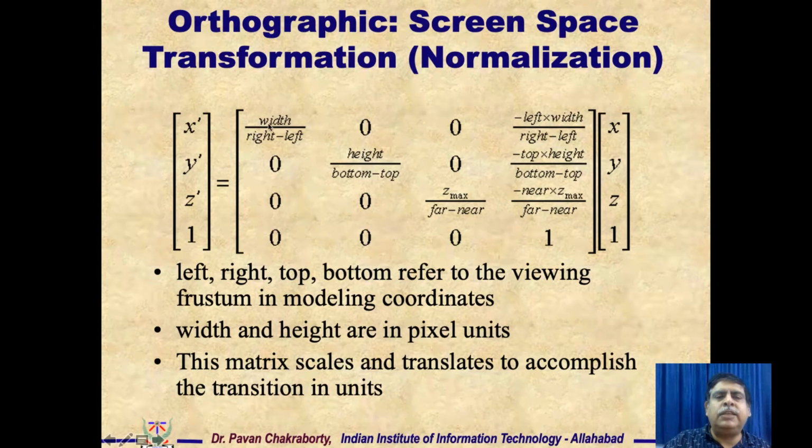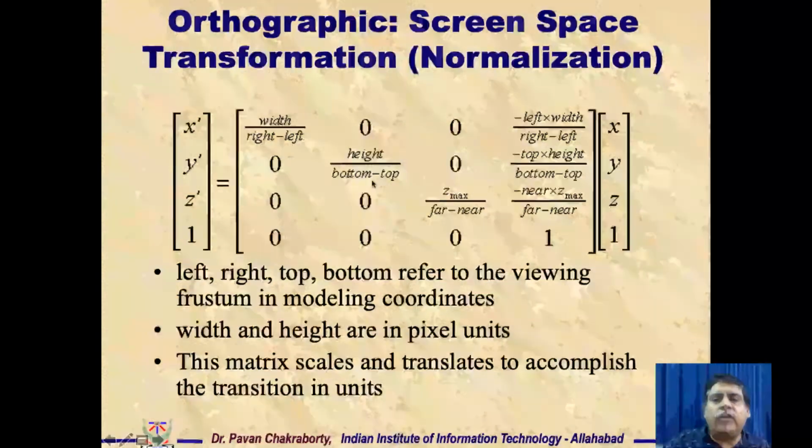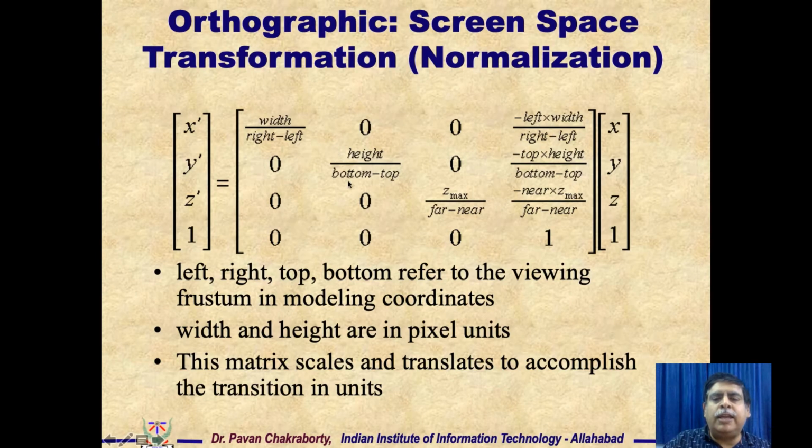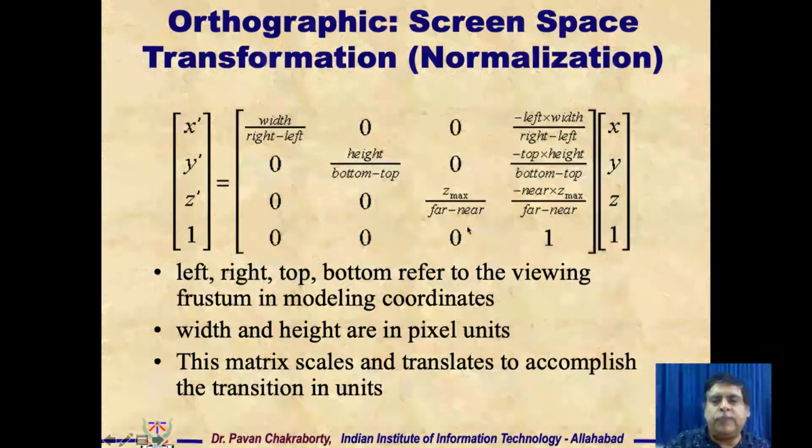Here what you see is width divided by right minus left, height divided by bottom minus top, and z max divided by far minus near. These three quantities are basically the scaling quantities which scale the real domain into pixels of the type that we would like to observe in our screen.